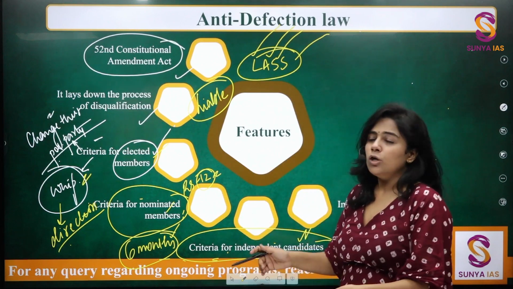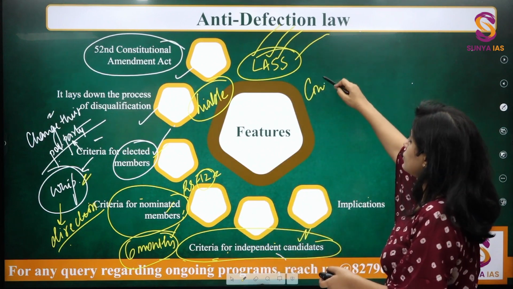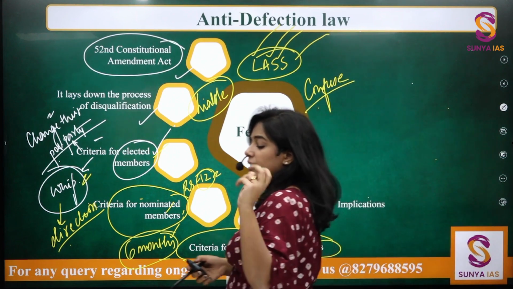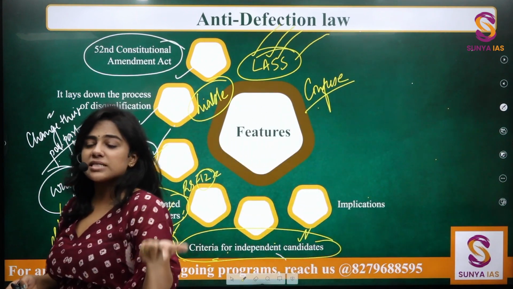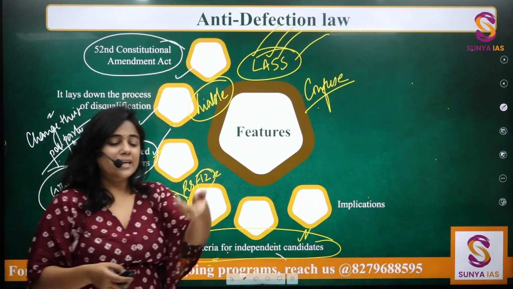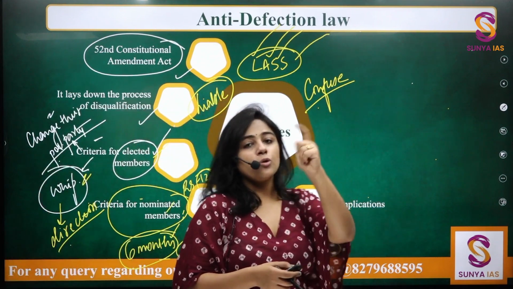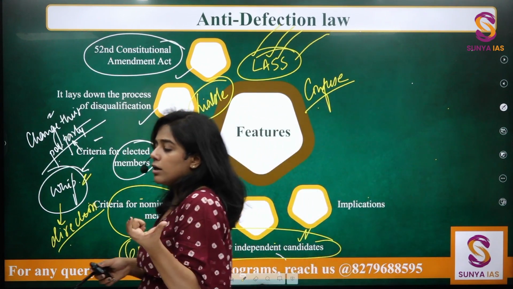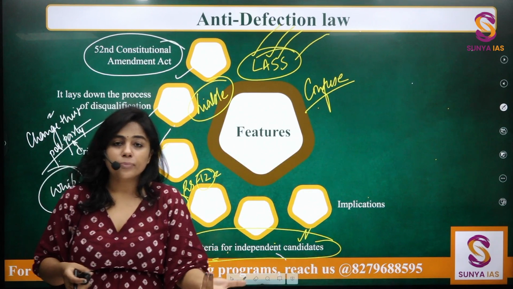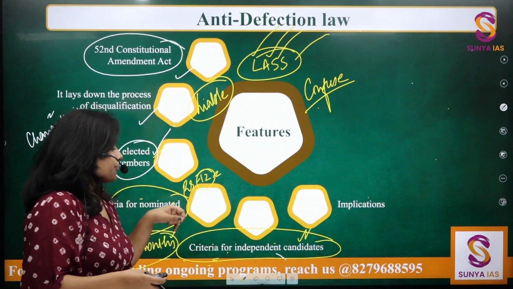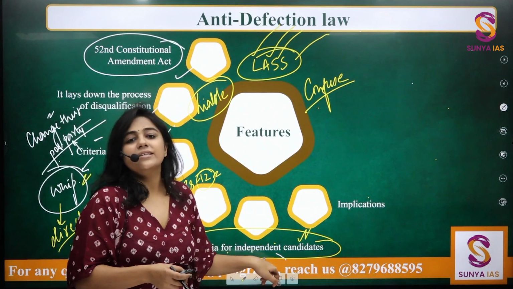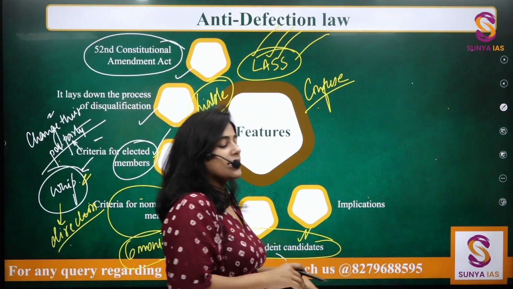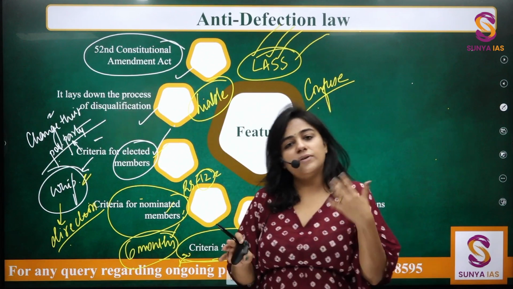And here UPSC will confuse you in your prelims examination, because they will give questions as basic as flipping: that independent candidates are allowed to join within 6 months, nominated candidates are not allowed to join at all. No. See, if you understand the logic behind this, you will be able to understand that independent candidates can never join a political party, otherwise they'll be disqualified.